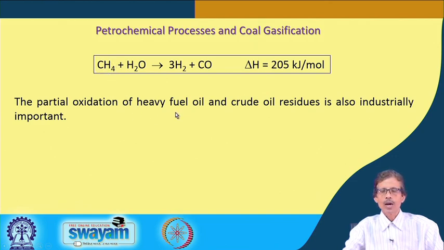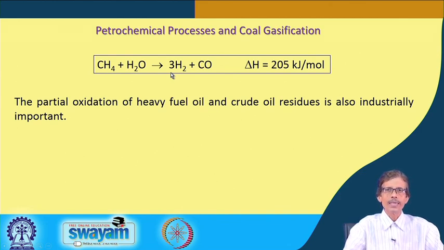So, these hydrocarbons or the crude oil residues can also be oxidized for the production of hydrogen, as in this production of hydrogen from methane, whether you have a supply of compressed natural gas, or nowadays we are getting some methane from coal beds. CBM, the coal bed methane, can also be utilized for the production of hydrogen.